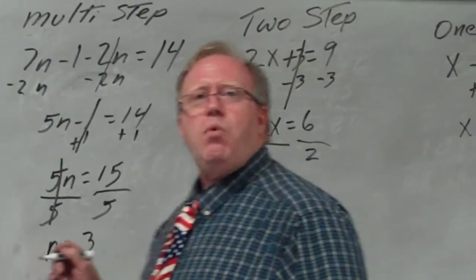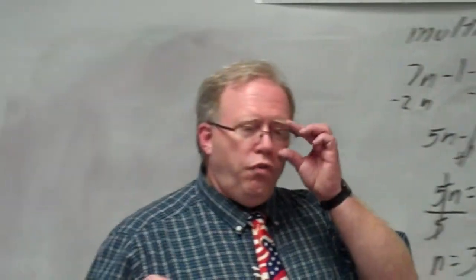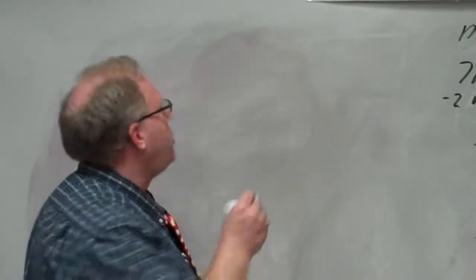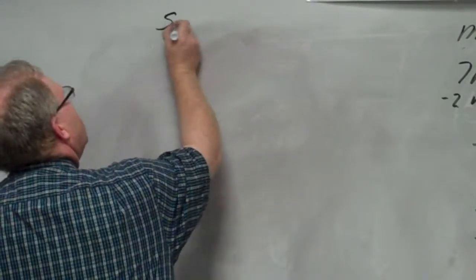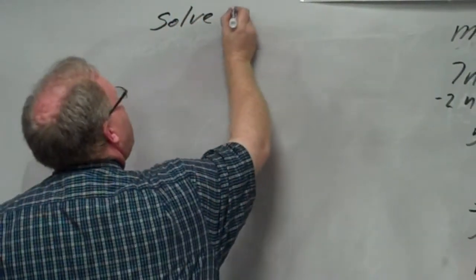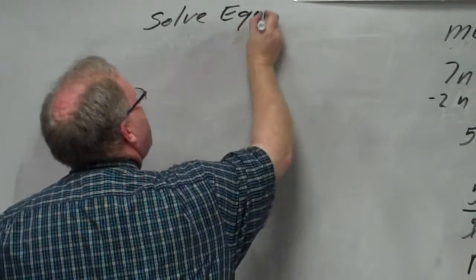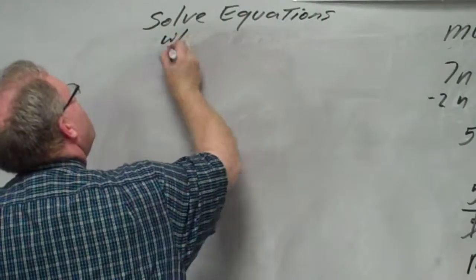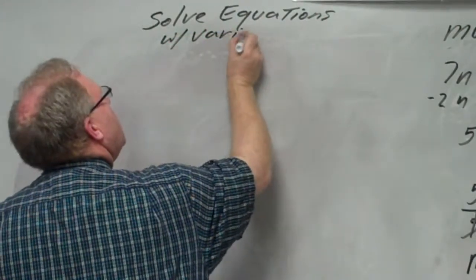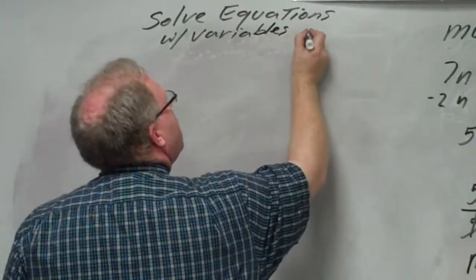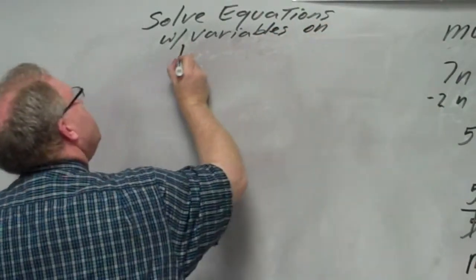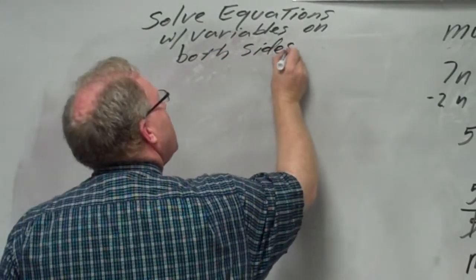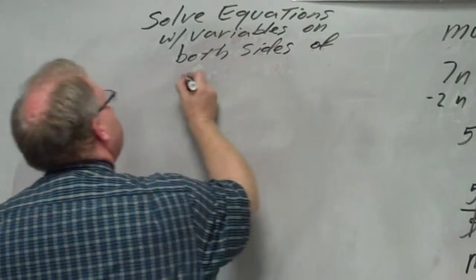Okay? One last equation to look at. And we're going to solve an equation with variables on both sides of the equal sign. So solve equations with variables on both sides of the equal sign.